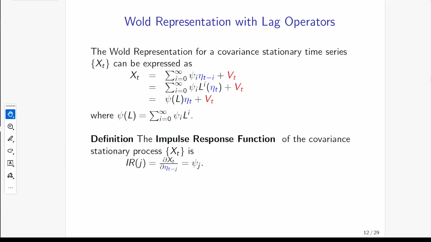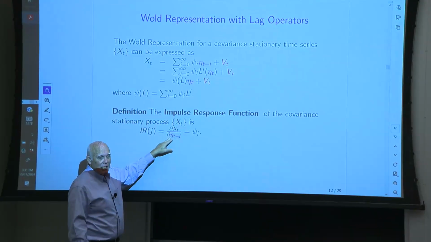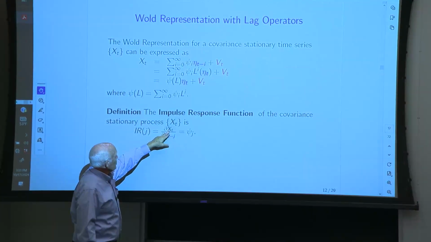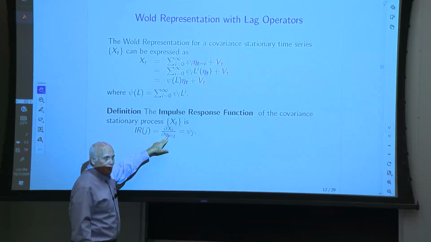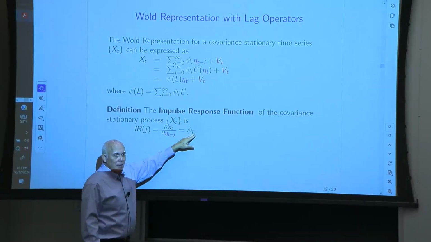Now, a useful application of this moving average representation is that if we think about how the value of the process at time t is affected by the white noise process eta j lags ago, then the partial derivative of xt with respect to that j-lag-back white noise term is given by psi j.